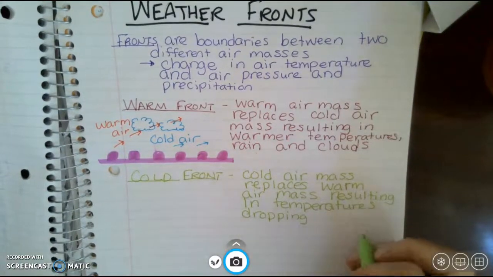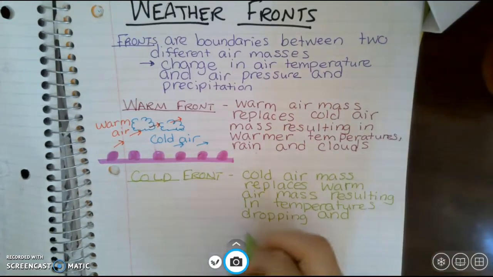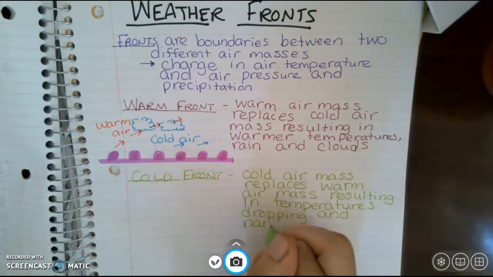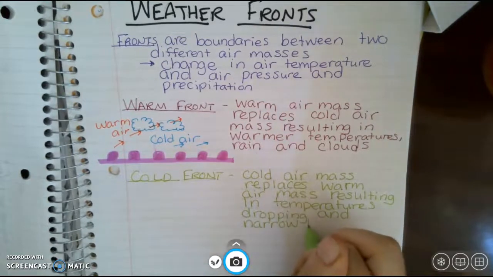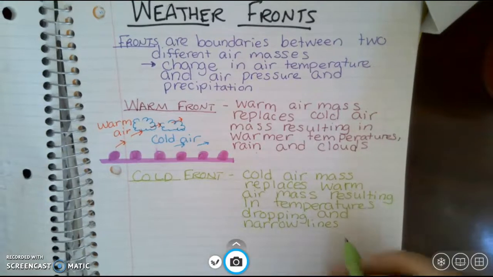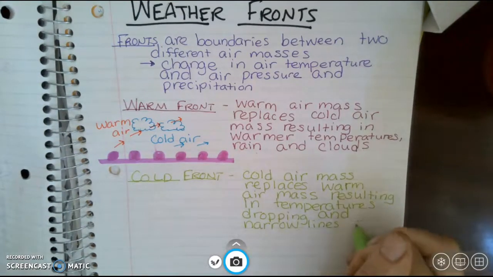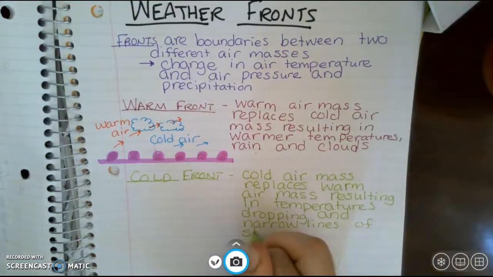Temperatures dropping, and we might see some storms, narrow lines of storms. I think it was last Friday we had a cold front come in, and they said expect to hear some thunder. Narrow lines of storms forming.